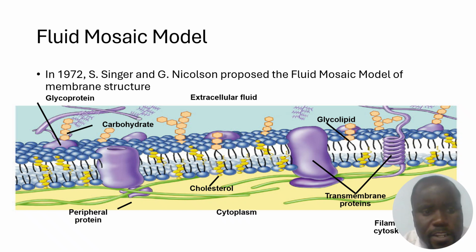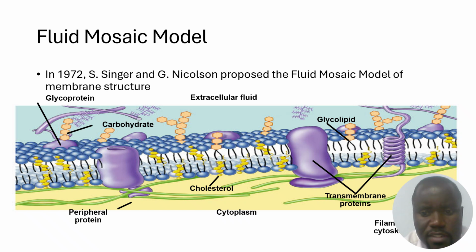In 1972, S. Singer and G. Nicholson proposed the fluid mosaic model as the approach to discussing the structure of the cell membrane. They proposed that the cell membrane should be seen as a double layer of phospholipids that slide on top of and below each other.